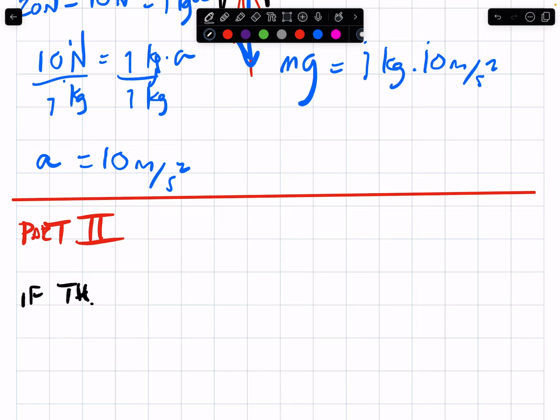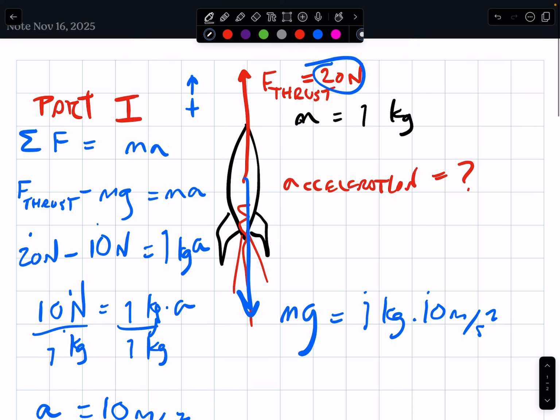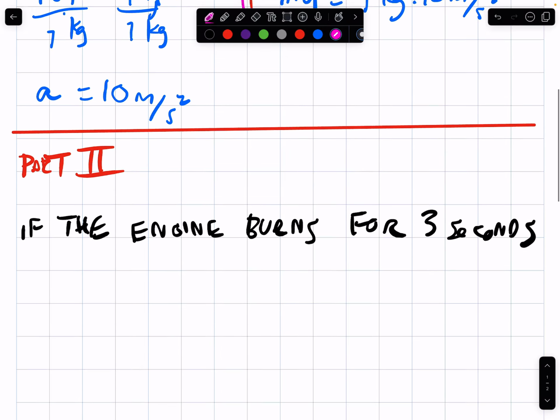If the engine burns for 3 seconds, because these little engines, when you ignite them, they have a limited amount of fuel. So that engine will burn for a few seconds, then it'll burn out, and it will no longer exert a thrust force. And typically these little model rocket engines will burn for a few seconds. So let's say the engine burns for 3 seconds.